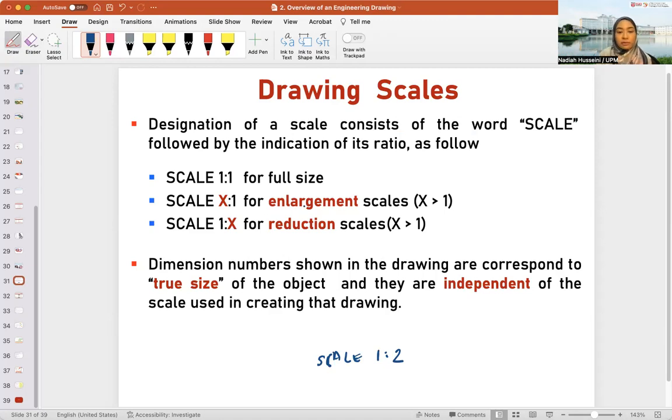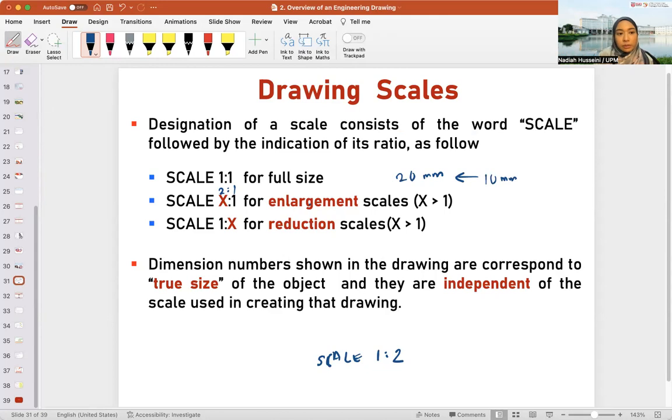Scale X to 1 for enlargement of scales. For example, scale of 2 to 1. Masuk kat sini, actual size saya adalah 10. Actual size adalah 10 mm. Tapi saya draw jadi 20 mm. Boleh je. You want to enlarge it so that the engineer can see it better. Boleh. Sometimes you want to reduce it.